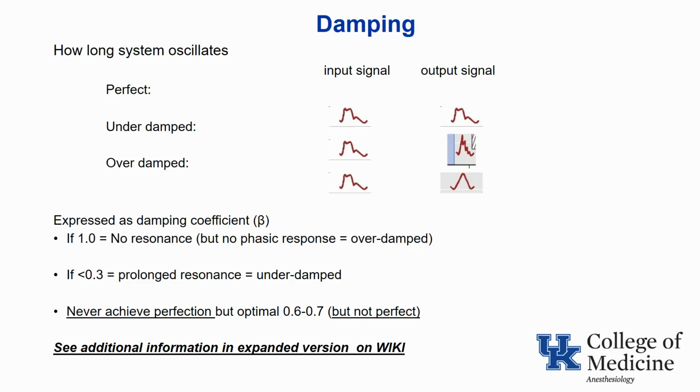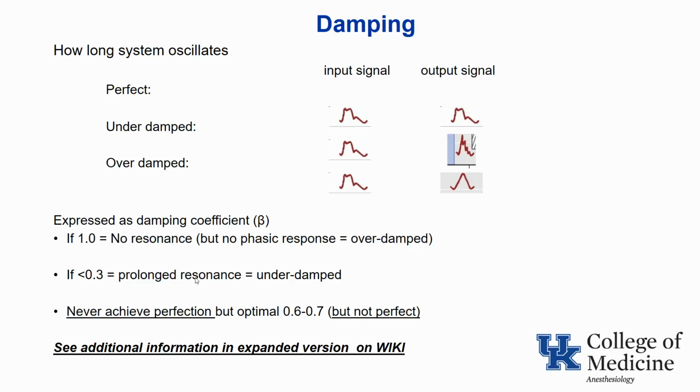Dampening is the opposite. If this is a picture of the input signal, ideally the output signal would be perfect. In an underdamped signal, this is the input signal, but you get this ringing and false elevation of the systolic pressure and false depression of the diastolic pressure. When it's overdamped, you get the opposite, a false depression of the systolic and a false elevation of the diastolic pressure.